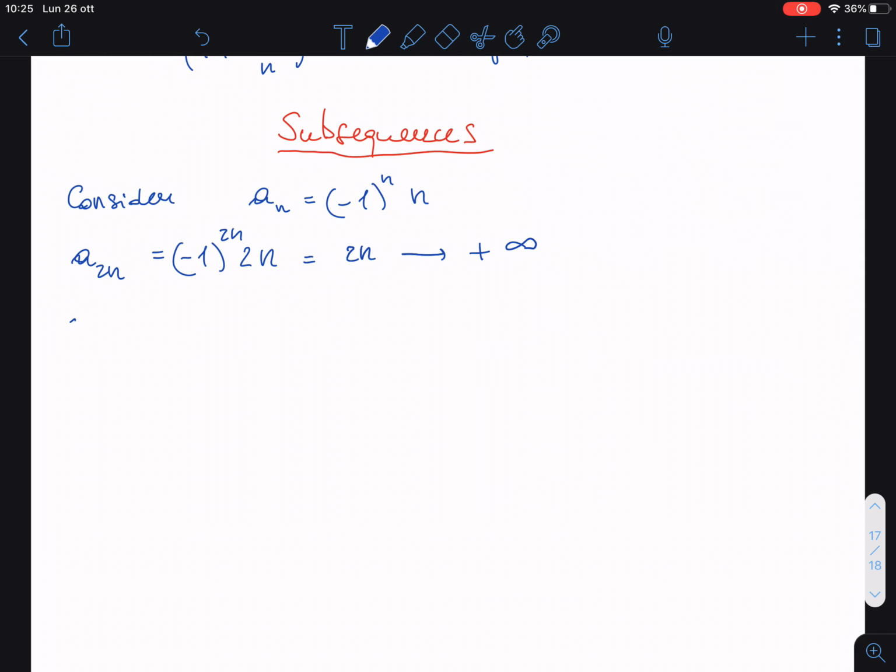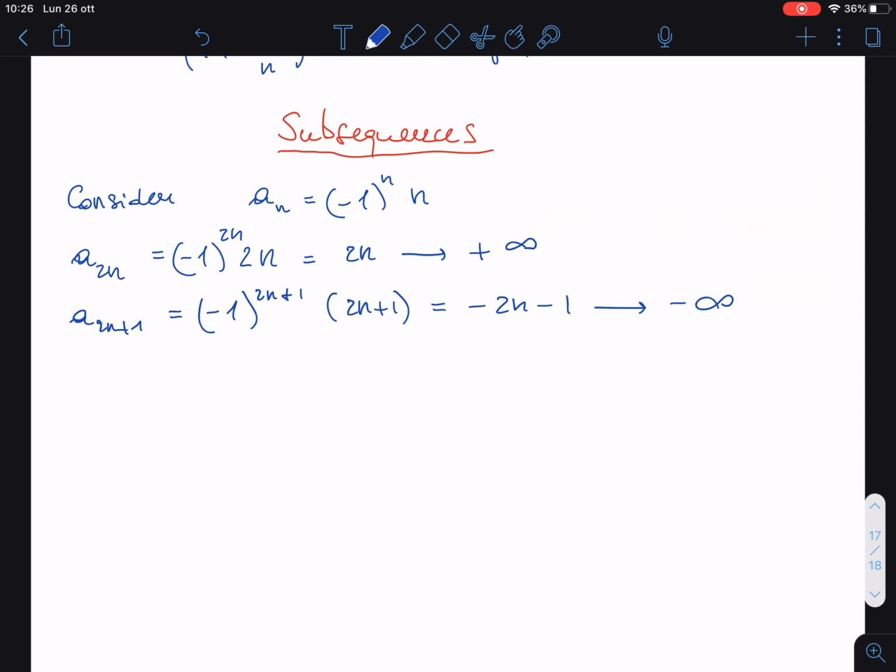Vice versa, consider a_2n+1, so the odd elements. This is minus 1 to the power 2n+1, that multiplies 2n+1, and this is of course equal to minus 2n minus 1, and this goes to minus infinity.